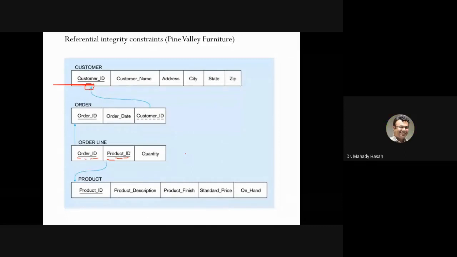The arrow. Oh, the arrow is foreign key, sir. Very good. The arrow represents this is a foreign key. By underlining them, we mean this is primary key. But by having the arrow, we mean this is primary key and at the same time, they are foreign key. Make sense?